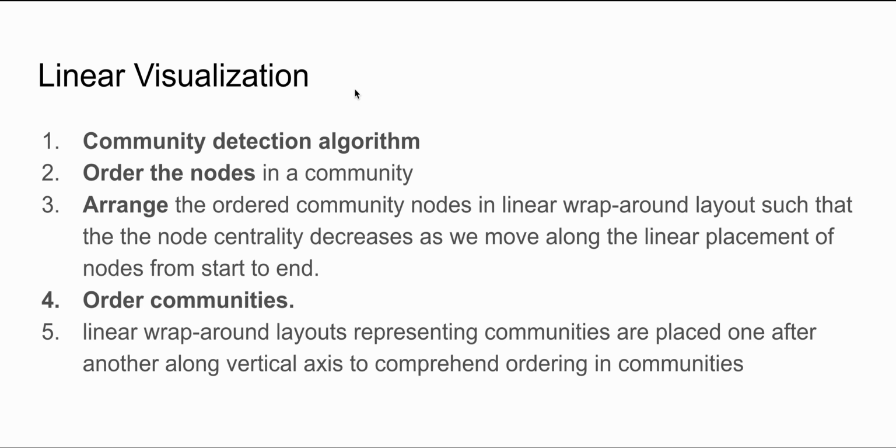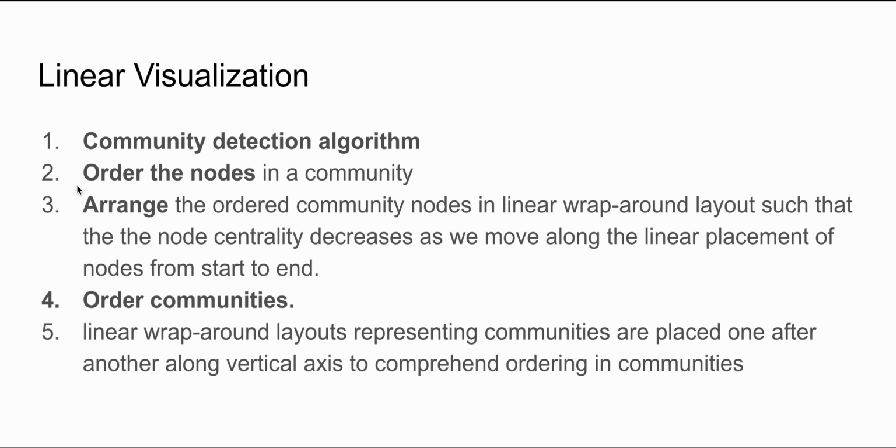Next, these are the various steps that are followed to develop linear visualization. First of all, we take network data as input and apply a community detection algorithm like the Louvain algorithm to identify communities, or subsets of nodes that are more connected within than the rest of the network.